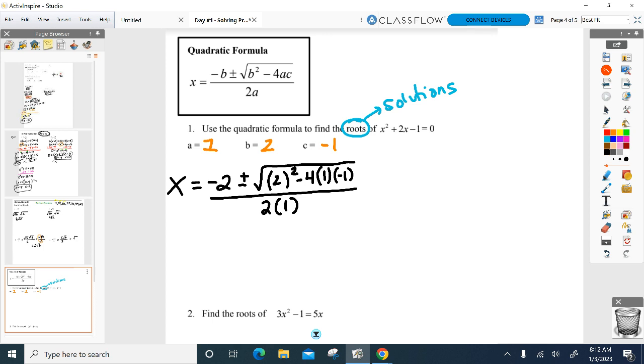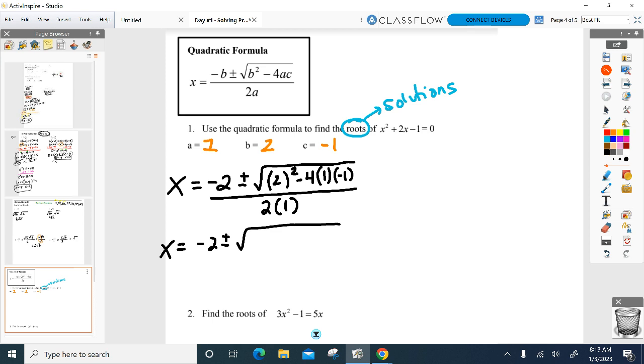Now go ahead, find out what that number is underneath the radical. And again, use parentheses too. If you see parentheses on your paper, what do I have? Let's just worry about right now, what do I get underneath the radical?